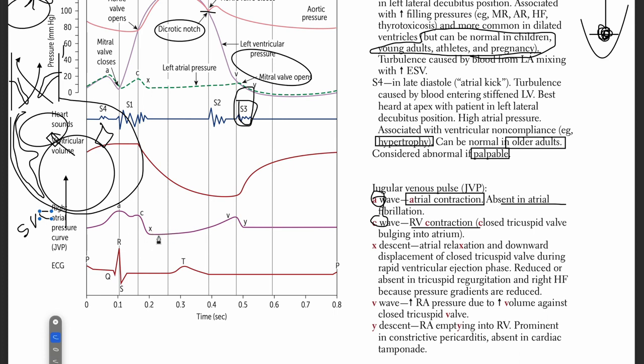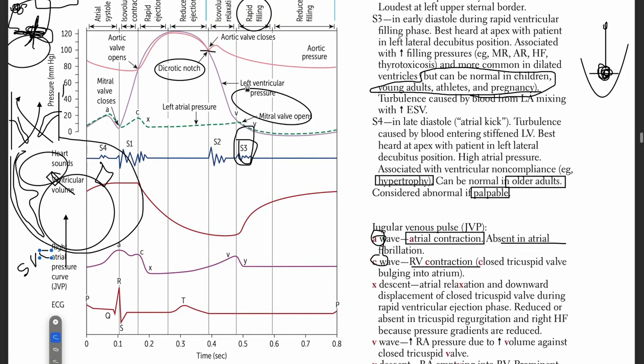That's what causes that. Then you have the V, RA pressure, again it's contracting, right? Isovolumetric relaxation of the ventricle causes filling of the atrium. So you have that up there. And then Y is the descent again. That is the right atrium emptying into the right ventricle.